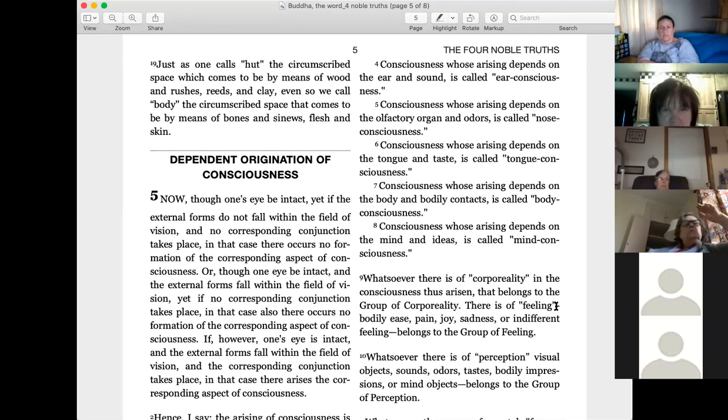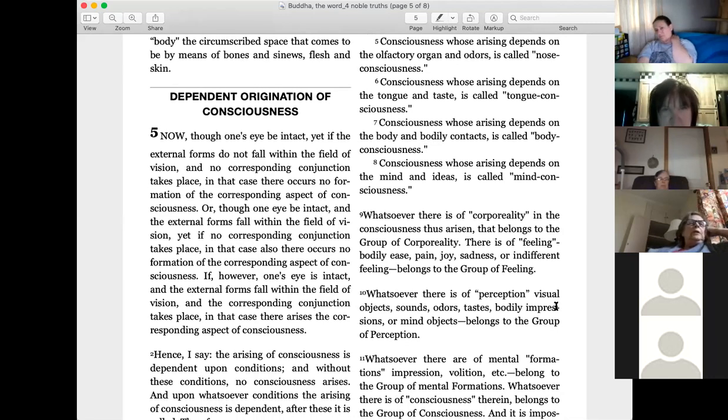And then another really important teaching that the Buddha offered was the dependent origination of our consciousness. And so all of our sense organs are considered possessing of a consciousness. So he explains that with one's eye, if it functions, we can see the external forms, but we don't fall into a field of vision.